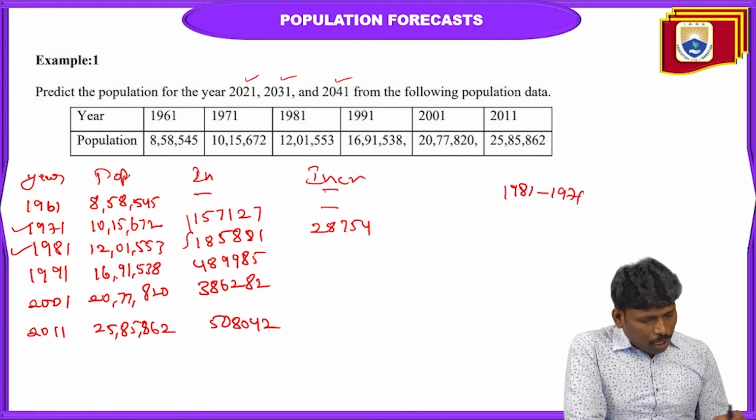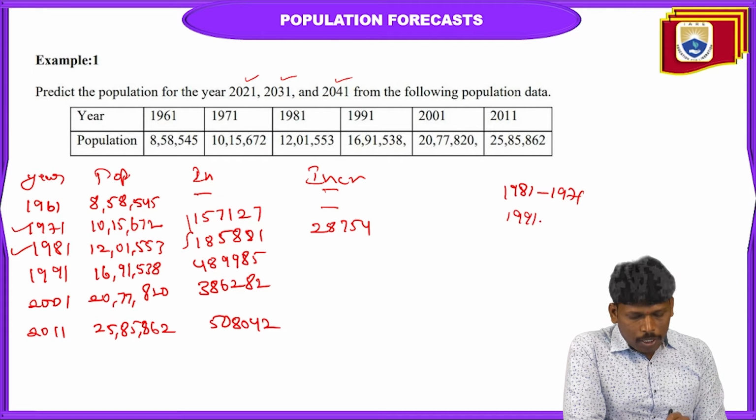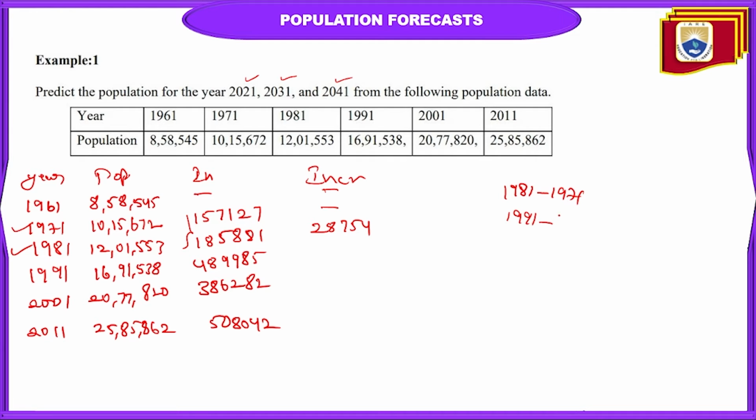Coming to calculate the incremental increase in the year 1991, it is the increase in population in 1991 minus that of 1981. So it is simply 48,985 minus 85,881. So we have to do this.